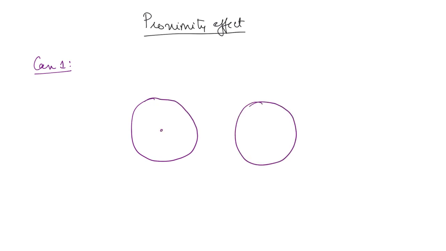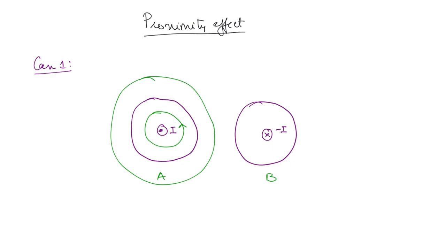That is, here if it is carrying current which is coming out of the plane, here the current will be flowing into the plane. So we will take it as minus I. Let us name this conductor A and this conductor B. Now because of this conductor, what will be the direction of magnetic field lines? It will be in the counterclockwise sense, right? So you can draw the magnetic field lines like this.